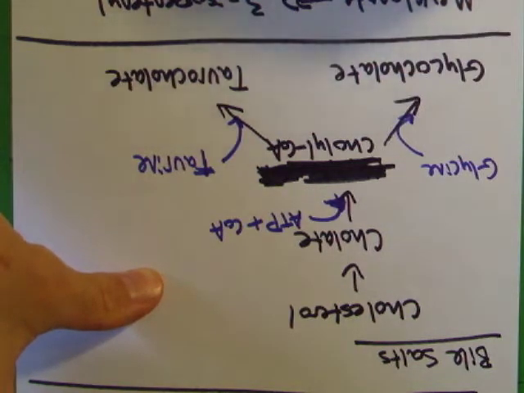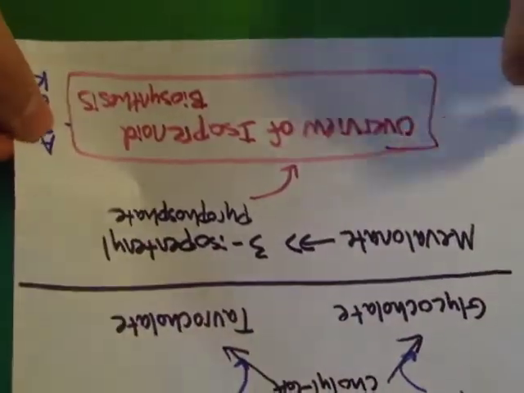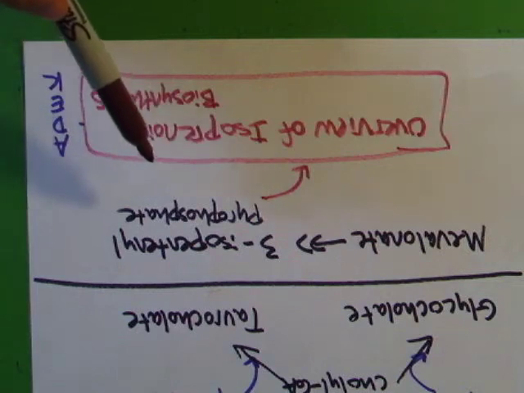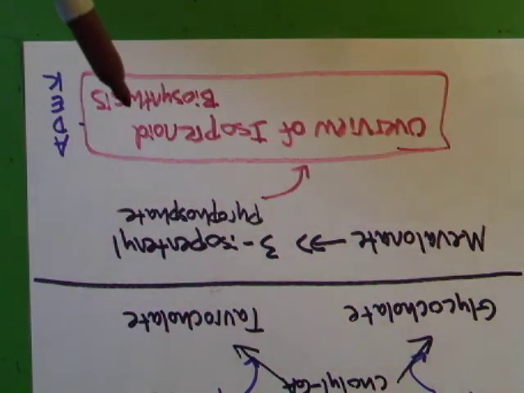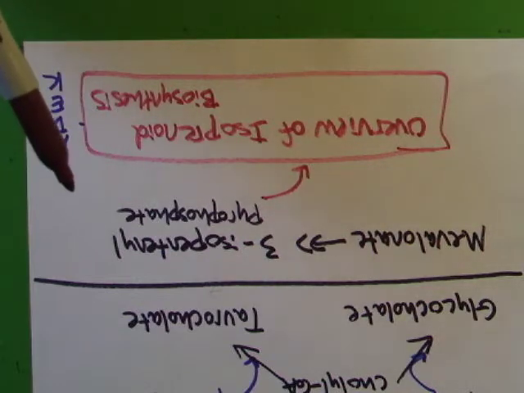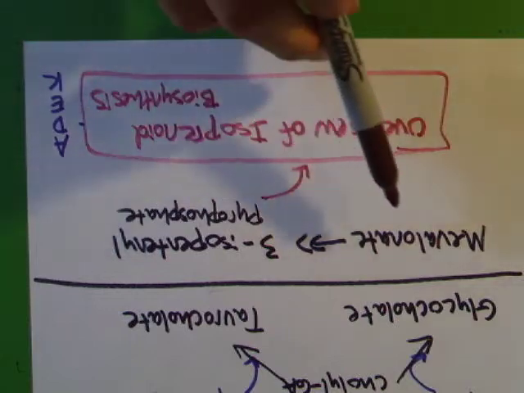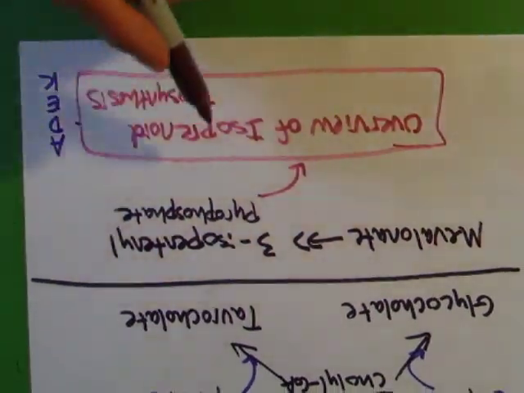One other thing mevalonate can do besides just make cholesterol is make 3-isopentenyl pyrophosphate. This is on the second to last slide. Don't need to worry about the intermediate steps to it, but you do need to know that it comes from here, it makes this, and this is the very last slide.